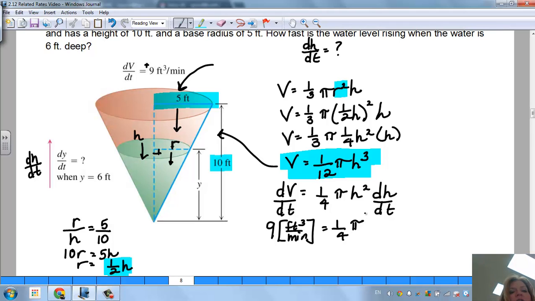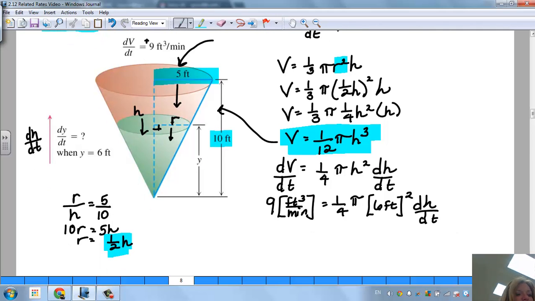And they told us when the water is, because they have to let you know when you want to know how fast it's rising. I should say going down. It's at 6 feet. So we're going to put 6 feet in here and square it, and basically solve for dH/dt. Okay, so when I have everything in here, I'm going to say 9, divide it by everything right here, and I end up getting dH/dt, and I hope it's negative, and it comes out to be negative.